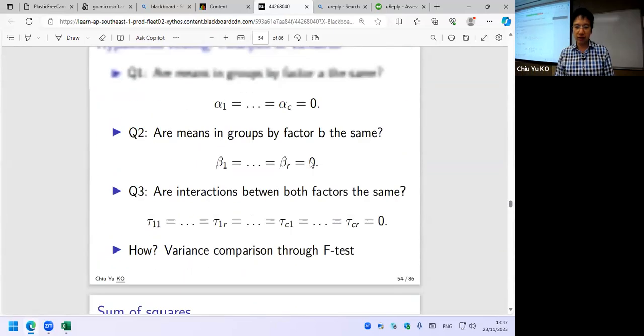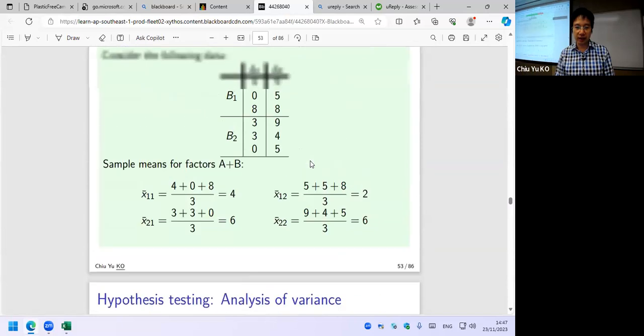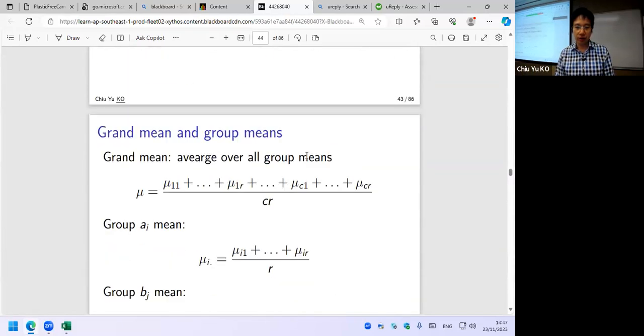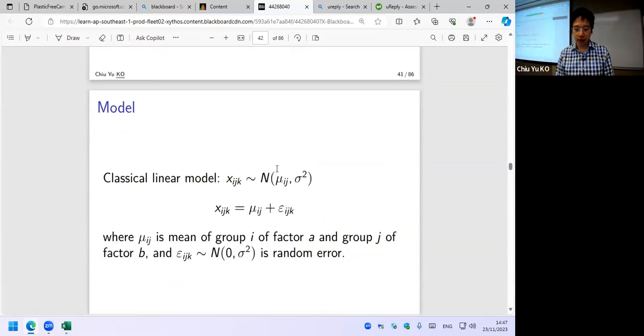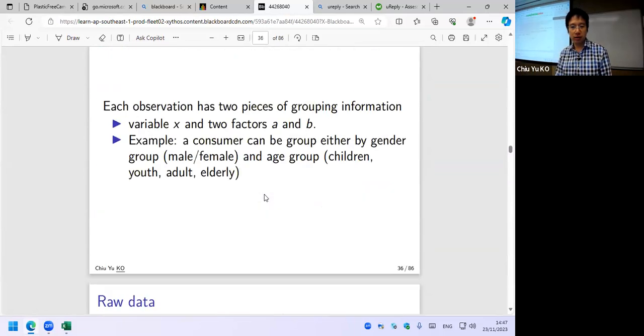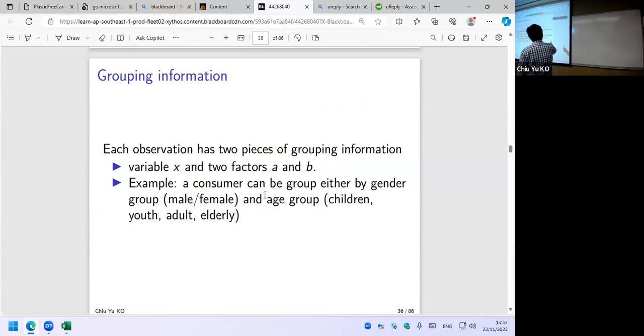The question being asked is whether the gender will be different, the age group different, or a particular age group and gender combination different.